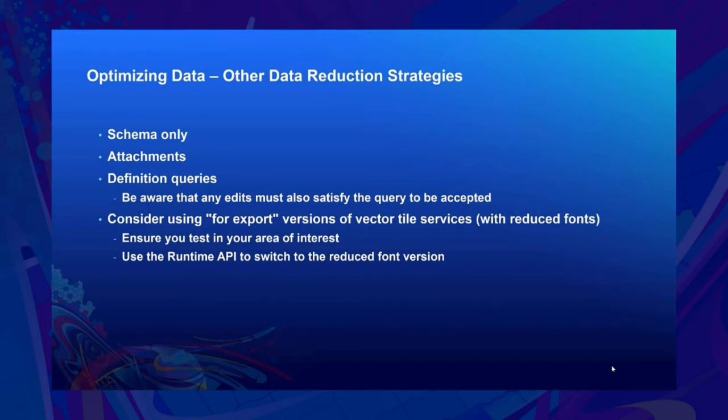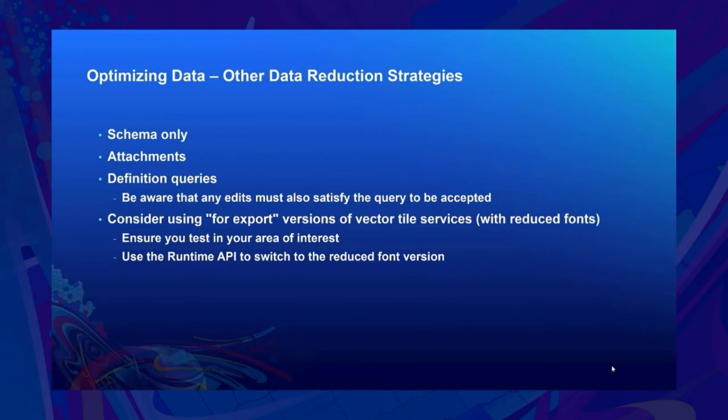So in that case, there's no need to download all of the information from previous site visits, and you could just bring down the schema, which is all that your users will need to add new data for the area that they're working in. When you come to upload your data, it'll just get added to the online feature service, but on your device, you don't need access to all of those other pre-existing features.